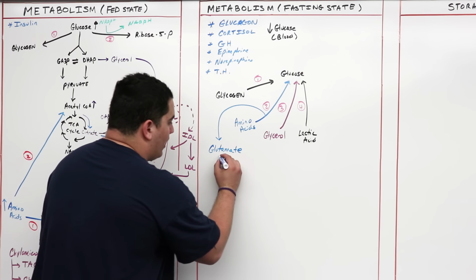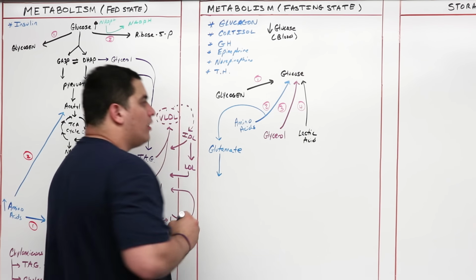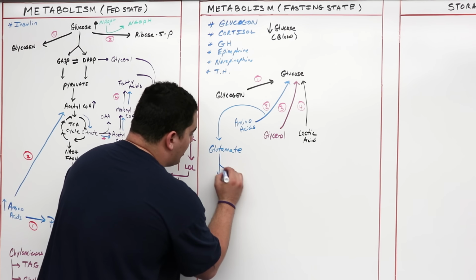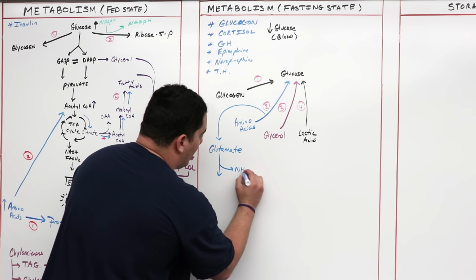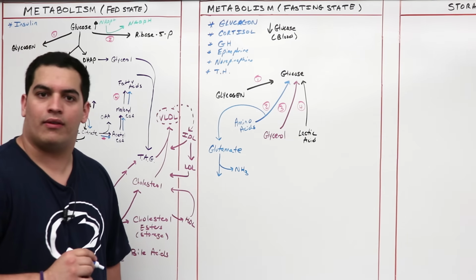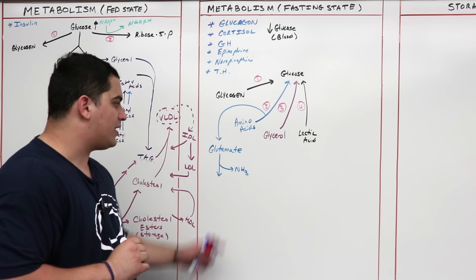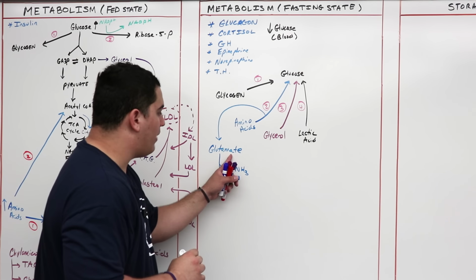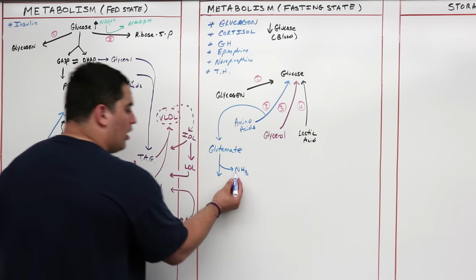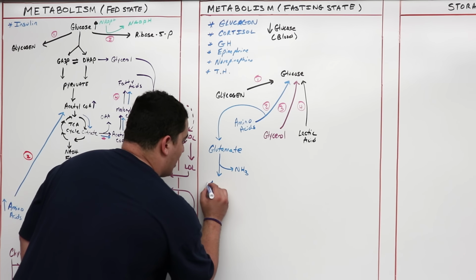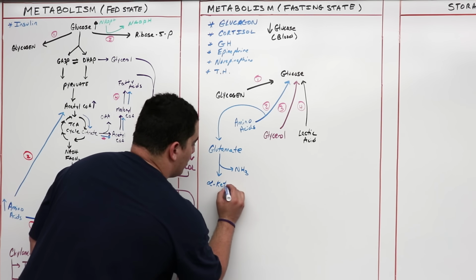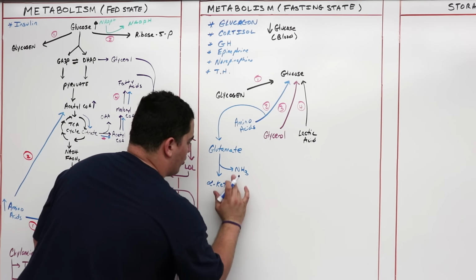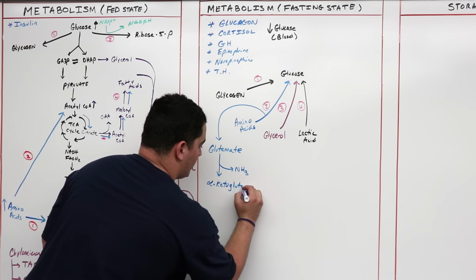That glutamate is then going to do something in the liver. Glutamate can actually rip an ammonia molecule off of it. There's a glutamate dehydrogenase enzyme that works in this pathway. And when it rips off the amine group, it converts this into alpha-ketoglutarate, which is a Krebs cycle intermediate, right?